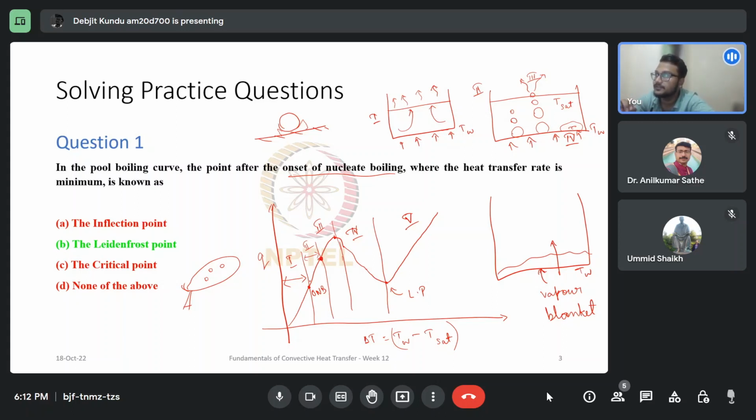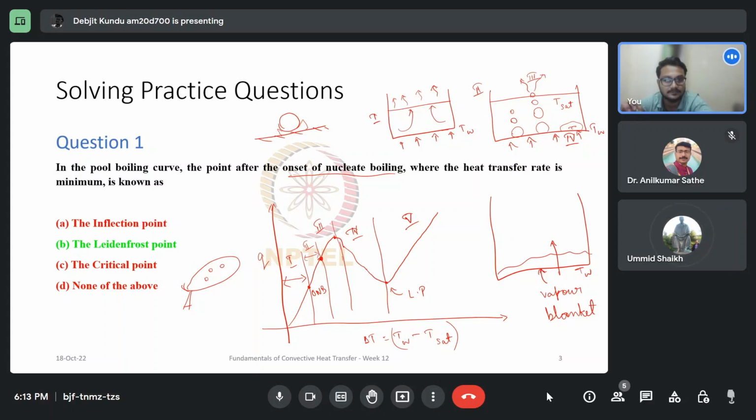Before this, H would be increasing, and after this point, H would be decreasing, and that happens due to the fact that the area in contact between the liquid and the hot surface gets decreased due to bubbles forming and taking up a lot of the area.